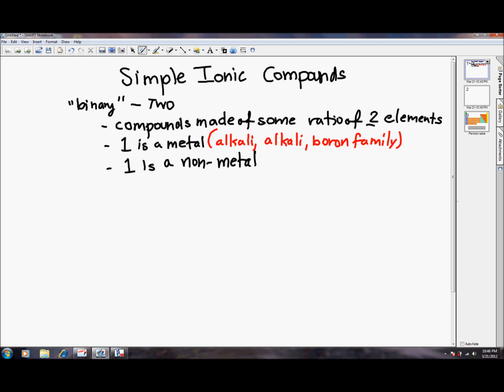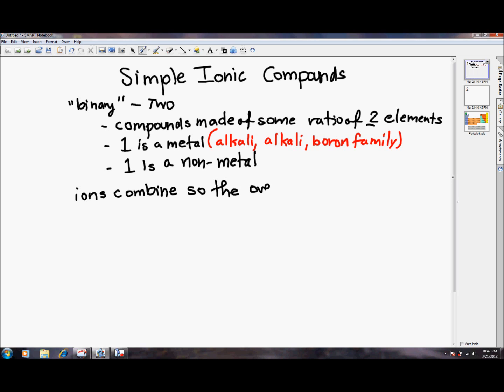Now, what do I mean by a ratio? Well, it's important to know that the ions, the metal ion, which will be positive, a cation, and the nonmetal ion, which will be negative, an anion, are going to combine.